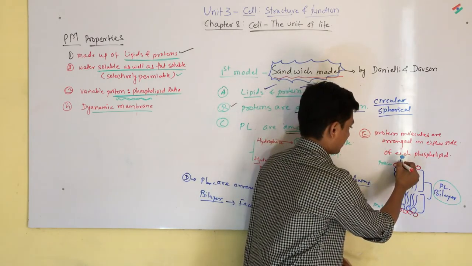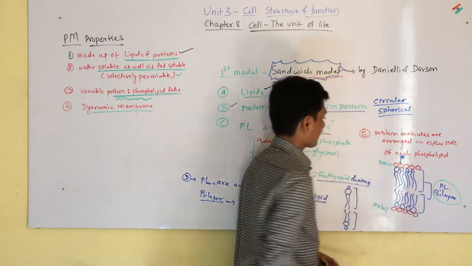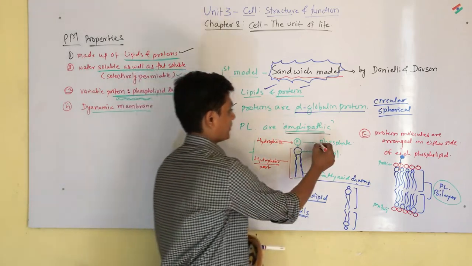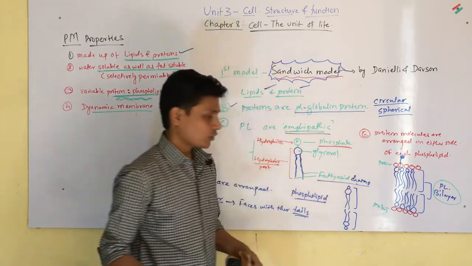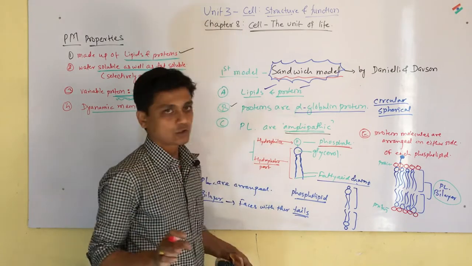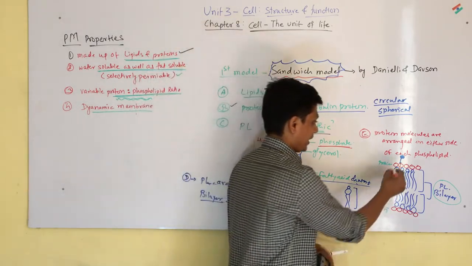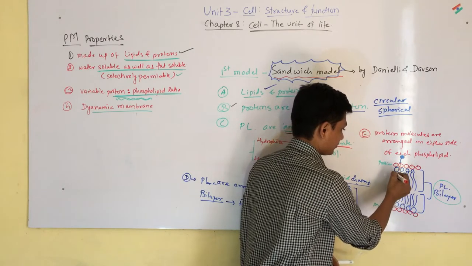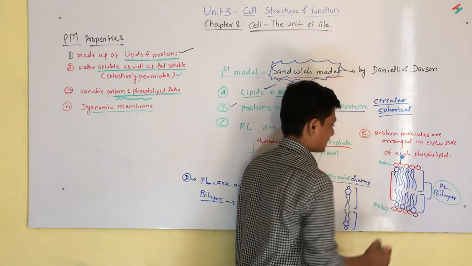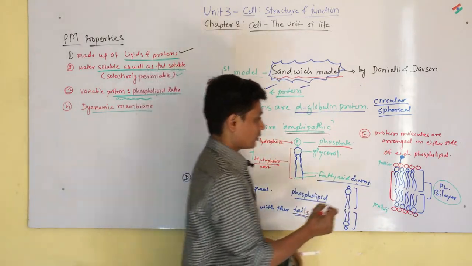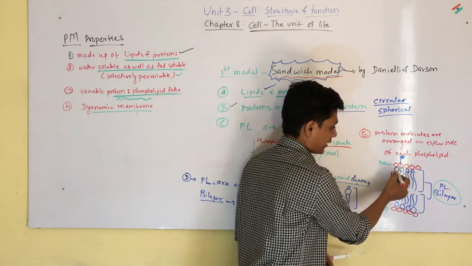The second interaction is with the phosphate group. The phosphate group also has no problem with the water molecule. But when the water molecule comes to this portion, the fatty acid bilayer, the fatty acid chains, what happens?